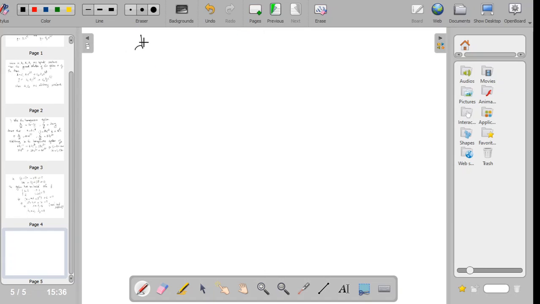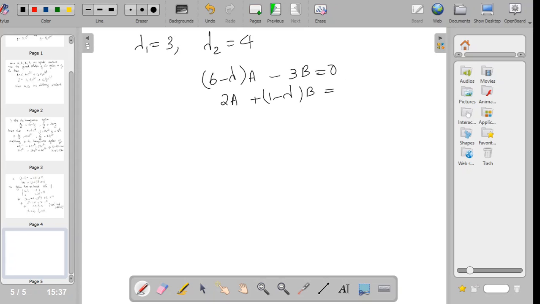So we are having lambda 1 equal to 3, lambda 2 equal to 4. The equation is (6 minus lambda) a minus 3b equal to 0, and similarly 2a plus (1 minus lambda) b equal to 0.